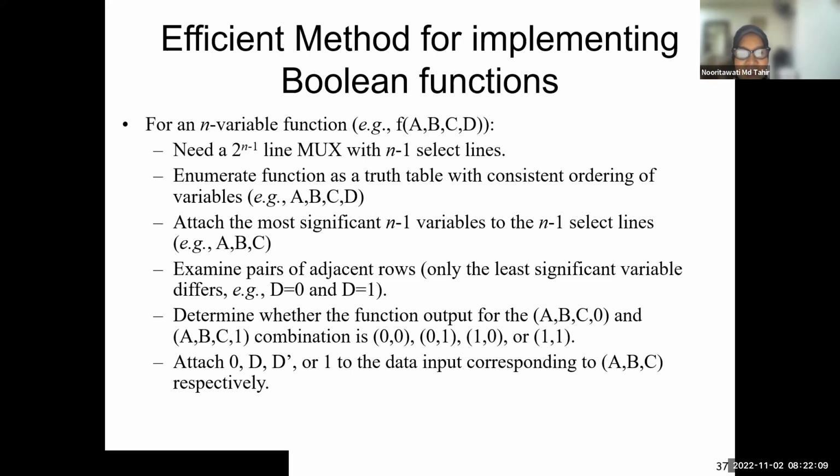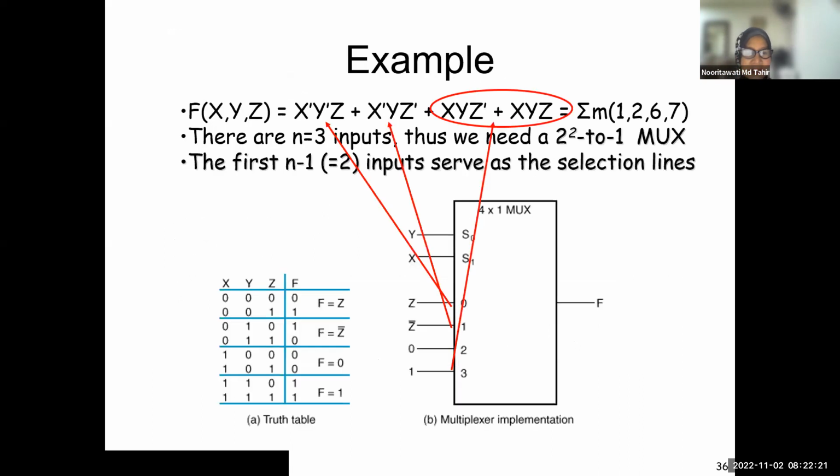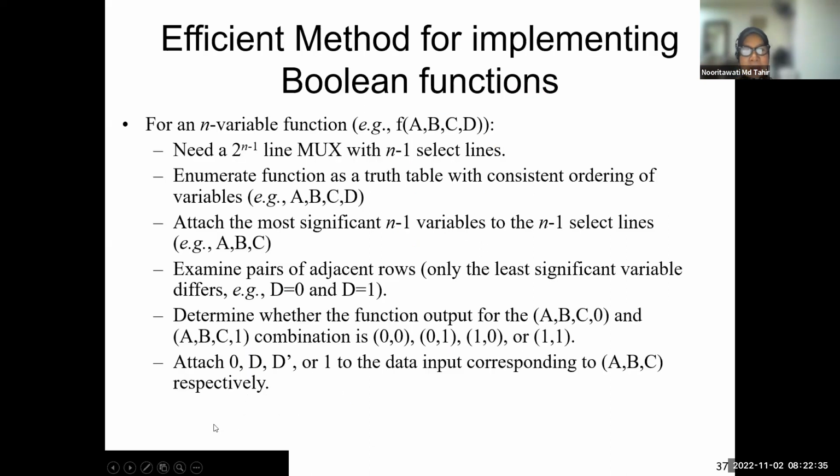Itu satu tips yang you kena tahu. And then dekat select line tu you ambil the most significant bit. Contohnya di sini, X, Y, Z. X and Y adalah the 2 most significant bit. So itu berada di select line, ya. 00, 01, 10, 11. That is the second one.